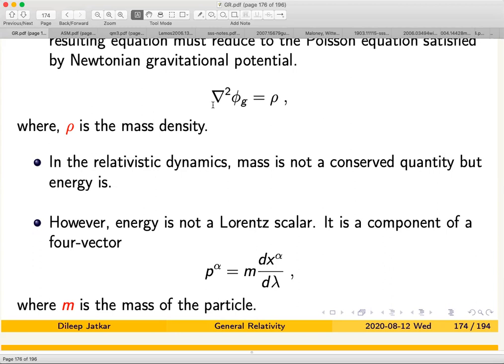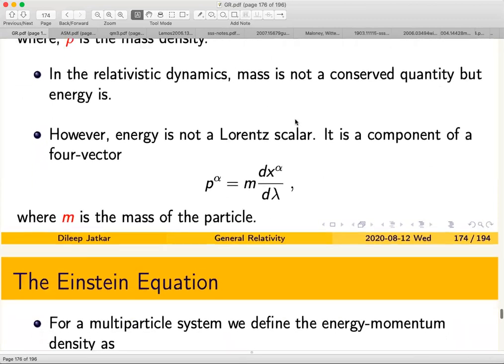And the gravitational field couples to the total mass, right? So it would couple to whatever mass the gravitational field would see. If the object is stationary, then it will see rest mass. If the object is moving, then it will see its moving mass, and so on. In that sense, it is not conserved.